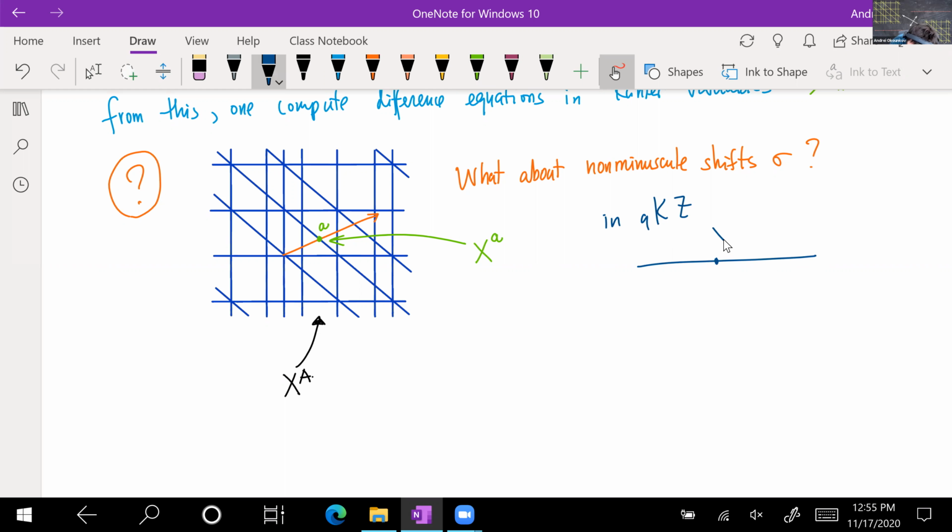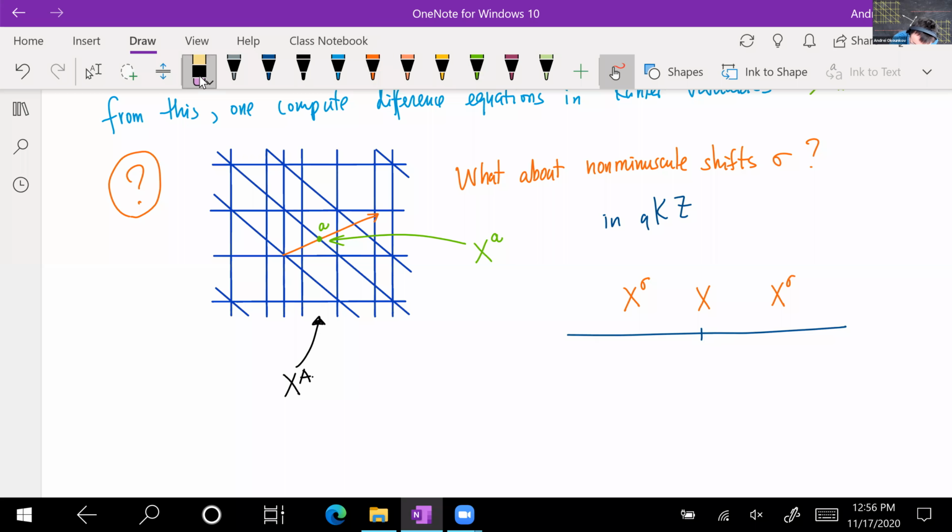There was X and the fixed locus. So in QKZ we had the X itself, here we had the fixed locus, and we had a shift vector.